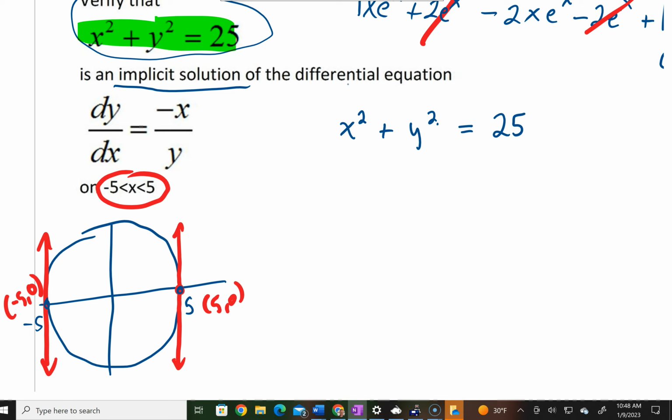So it's really like a Calc AB or a Calc BC problem. What's the derivative of x squared with respect to x? 2x. What's the derivative of y squared with respect to x? Yeah, 2y dy dx. Very good. And what about the derivative of 25? 0.